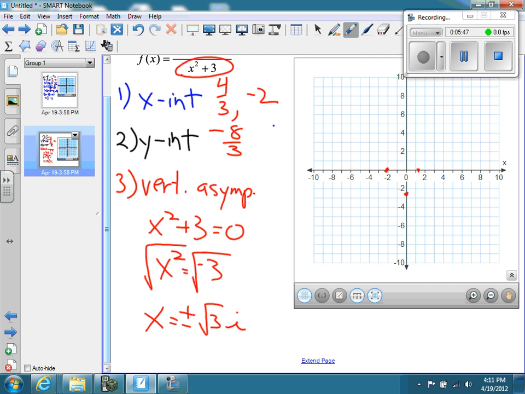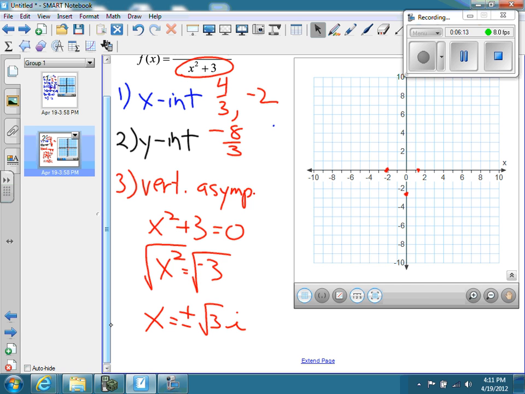Well, radical 3i is a complex imaginary number, and it doesn't exist on the graph. That's telling me there is no vertical asymptote. If all I get for my value of x to be 0 is an imaginary number, I don't have a vertical asymptote, because all the asymptotes have to exist on the Cartesian plane. And negative 3i, anything with i, does not exist on the Cartesian plane, does not exist in our graph.